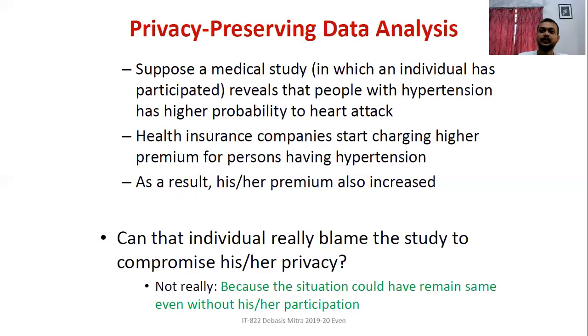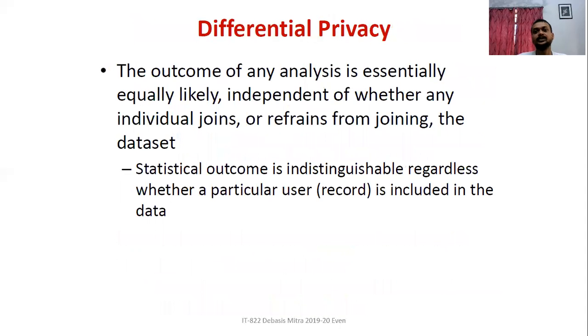And so the health insurance company would have decided with the same logic, and that person would have suffered the same thing. So the result of the study doesn't depend on the participation of any individual user. This observation acts as the basis of a new kind of privacy notion, which is called differential privacy.